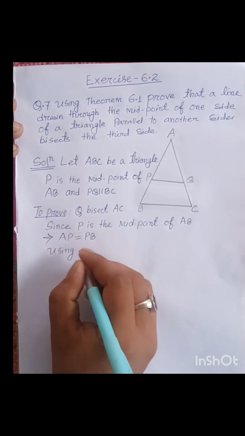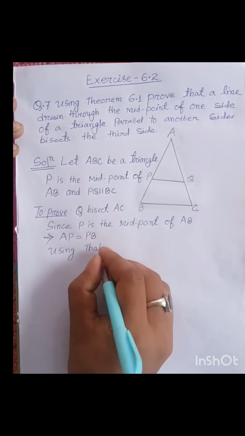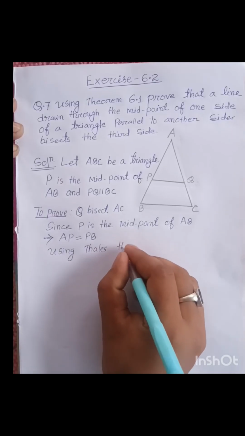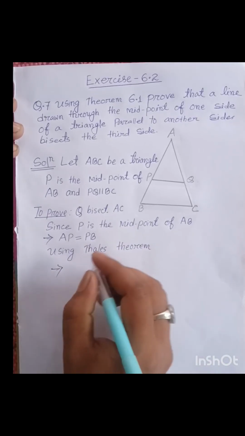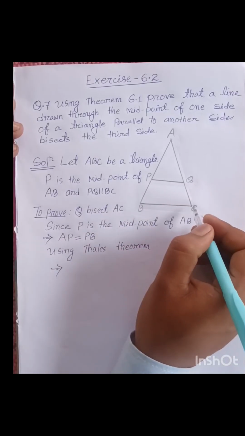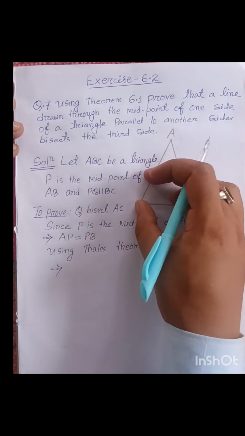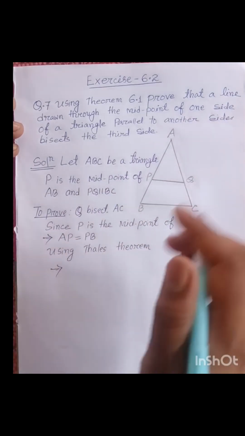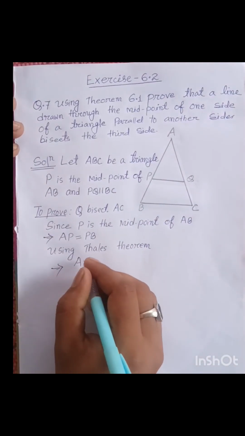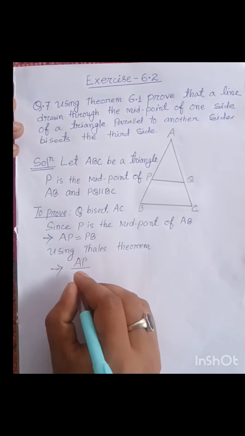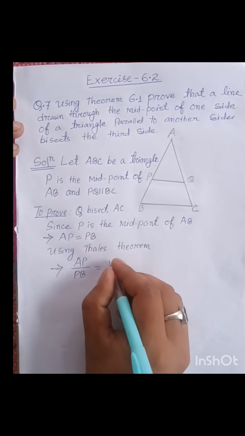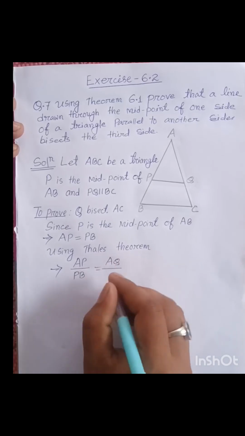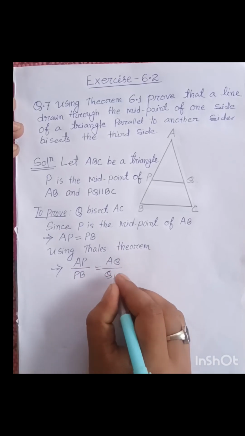Using Thales theorem, I can write now: PQ and BC are parallel with each other, means I can apply here Thales theorem, means AP by PB equal to AQ by QC.